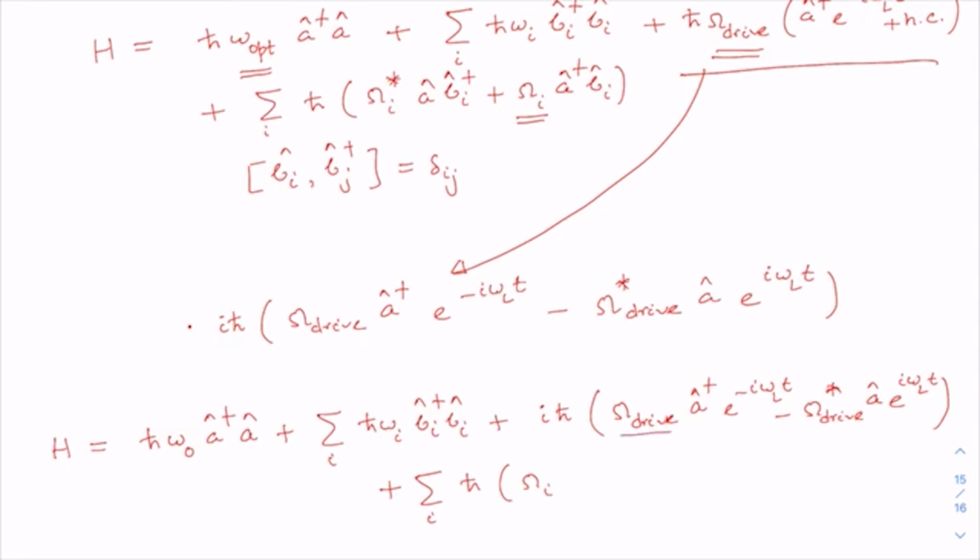This is omega drive and this is omega I. Omega I refers to the coupling between the optical cavity and the Bath oscillator.